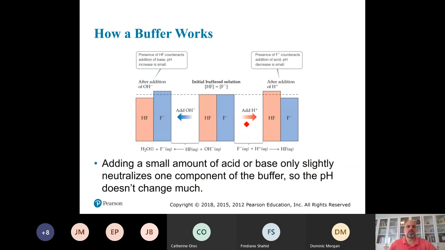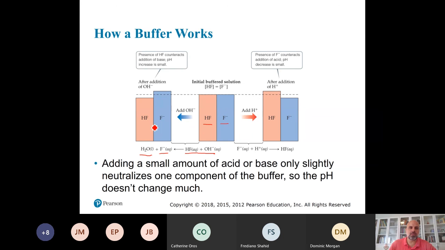All right. So how does a buffer work? In this example, we're going to use a buffer of equal concentrations of HF and fluoride. If we add hydroxide to this solution, our HF is going to react with the hydroxide. It's going to form water and fluoride.